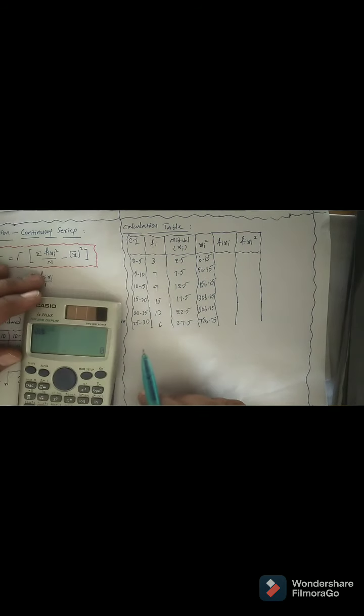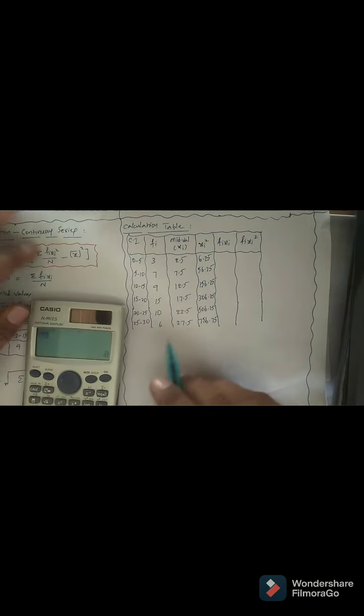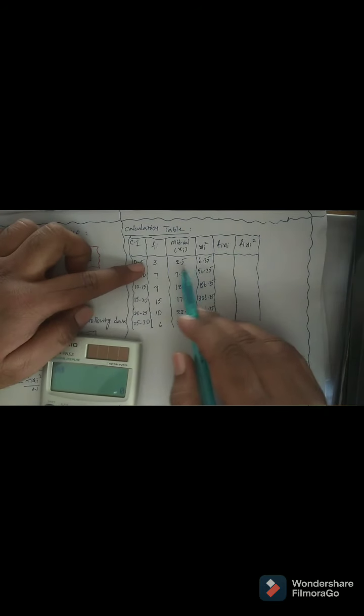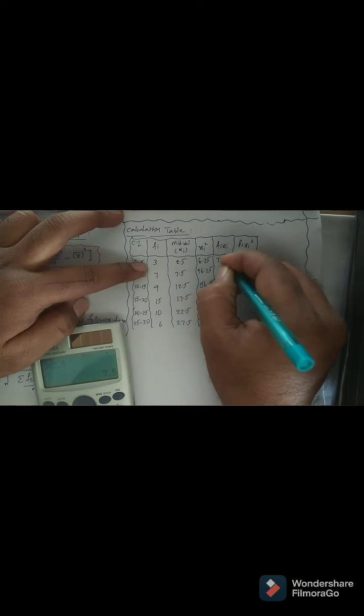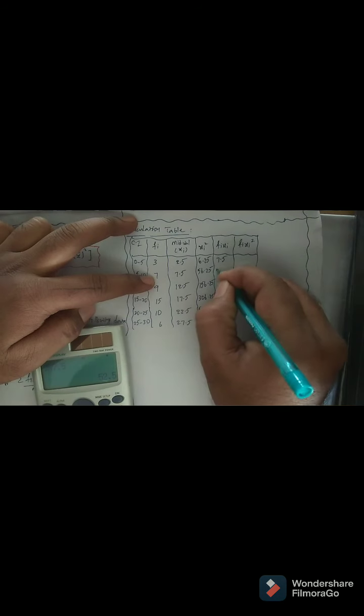Now we calculate fi xi value. So fi is here, xi is here. So how do we get the first value? 3 into 2.5, that is equal to 7.5. Next, 7 into 7.5, that is equal to 52.5.